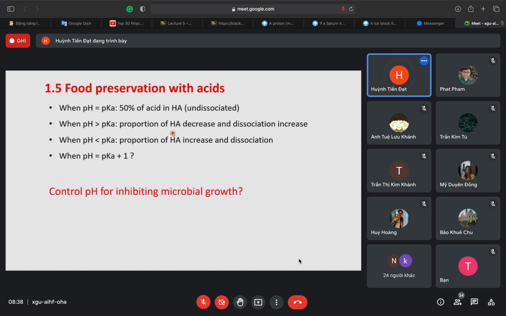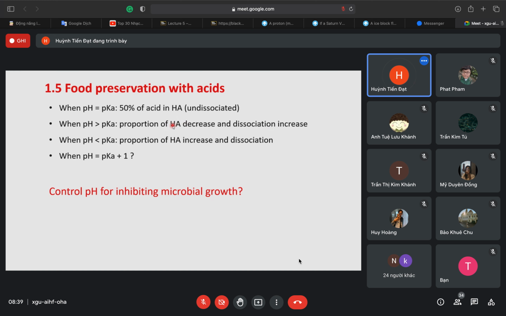Okay, once again, if pH is over the pKa, here there is less acid and more ions. Ions cannot pass through the membrane of the microbial cell. Only the acid can pass through. Here, with less acid, very little can pass through, and what already passes inside the cell continues to dissociate.